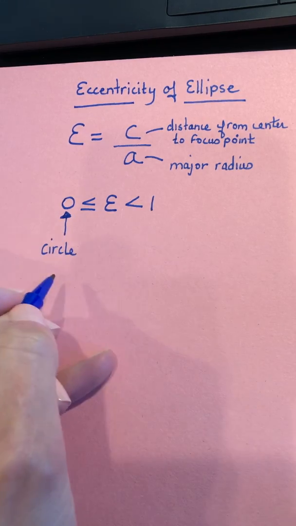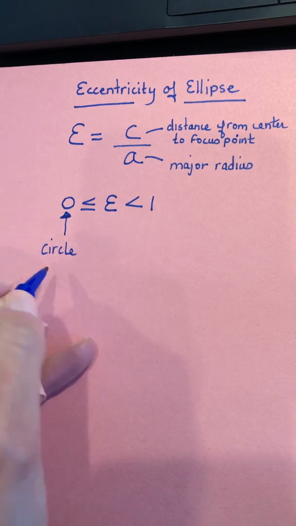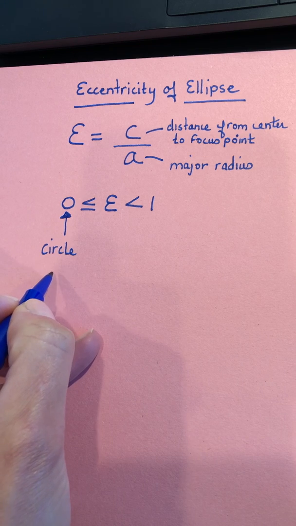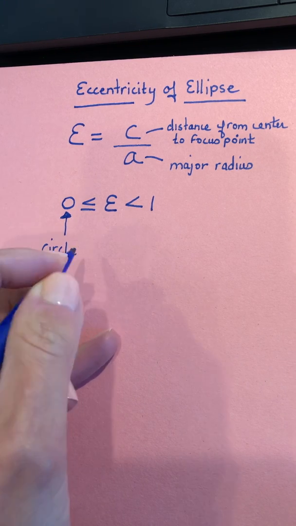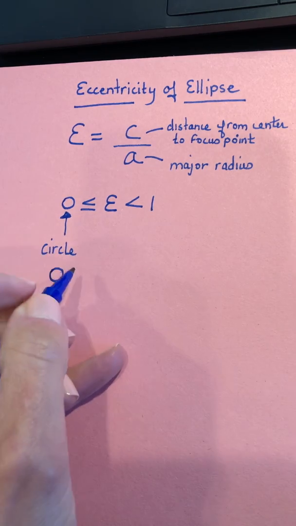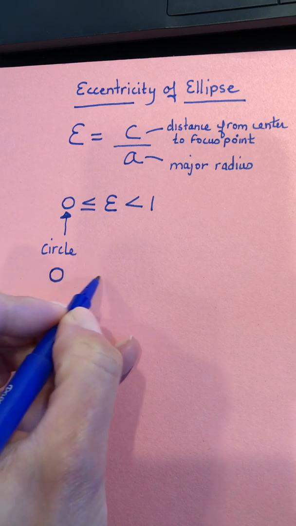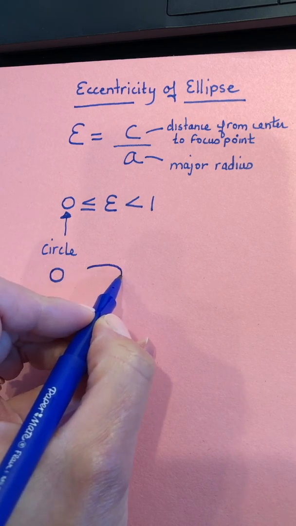So I'll show you the demonstration in a minute, but let me give you just a little guideline of what it'll look like. So a circle is going to have absolutely no eccentricity. As I start to get more and more oval shaped and oblong, the eccentricity number actually increases. So let's say I have something like this.